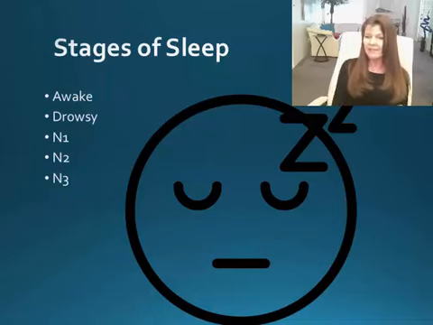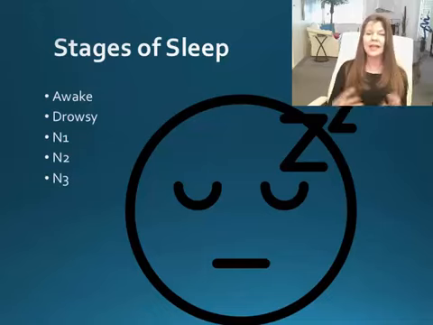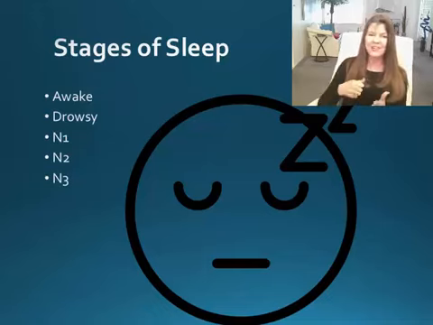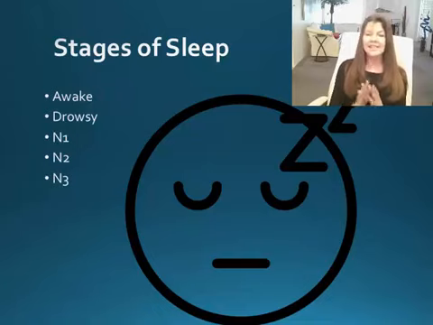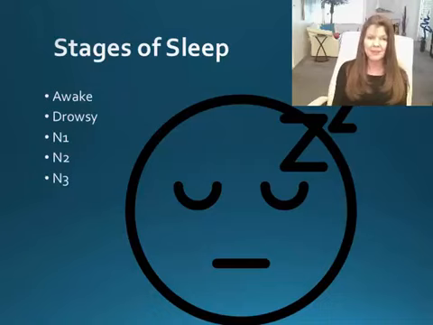But what was once considered two different stages of deep sleep, scientists now refer to collectively as N3. So N3 is your deepest sleep, and it is considerably more difficult to awaken you in the sleep lab during this stage.